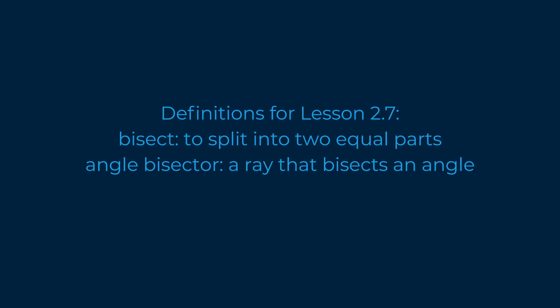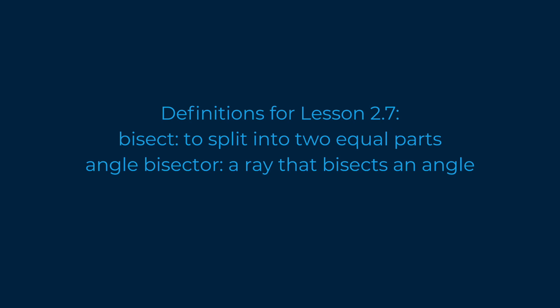But what we need to know is how to use all of the definitions that we learned in Unit 2, such as midpoints and distance, as well as angles and angle bisectors, in order to complete two-column proofs that use all of these methods.